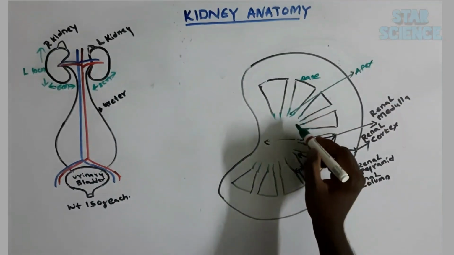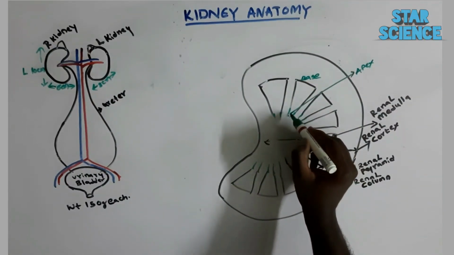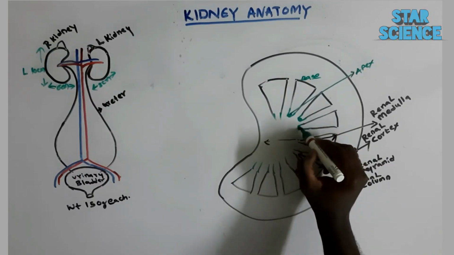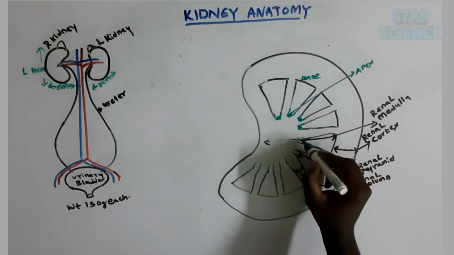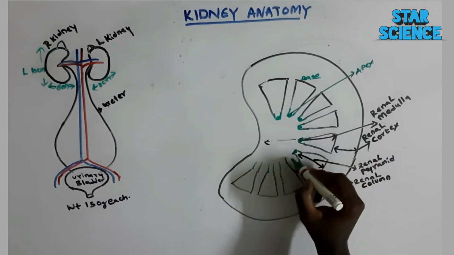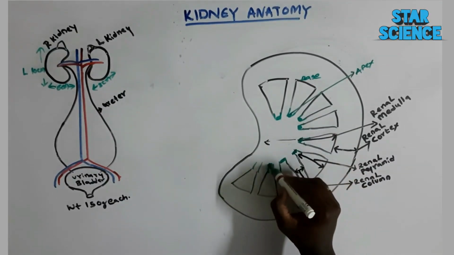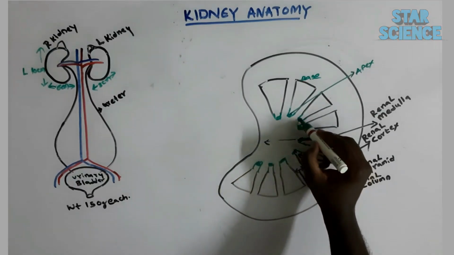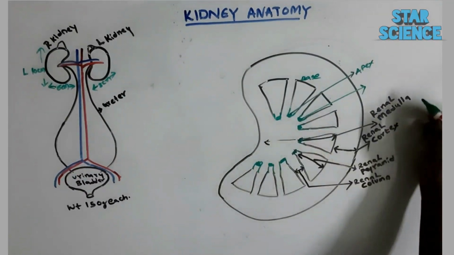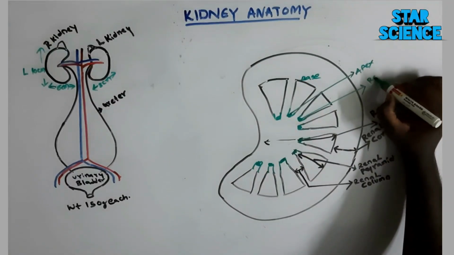The apex is then connected with the renal papillae. It is called the renal papillary duct, which is connected to the collecting duct of the nephron. And this is called the renal papillae.